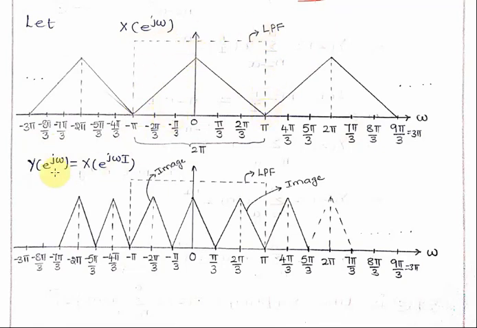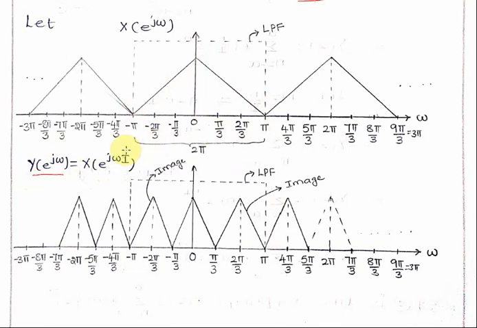Now we are observing the output of interpolator in frequency domain, y of e power j omega, that is x of e power j omega I. This spectrum x of e power j omega is from minus pi to plus pi.